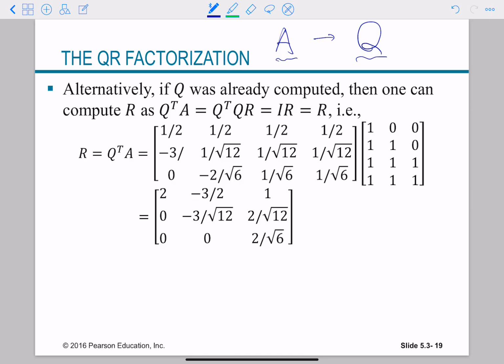So in this case, can we obtain R in a more convenient manner? So in this QR decomposition form, A and Q are known, okay?